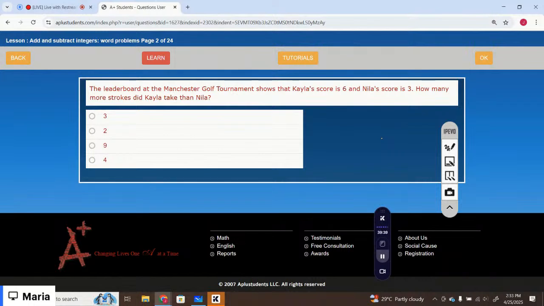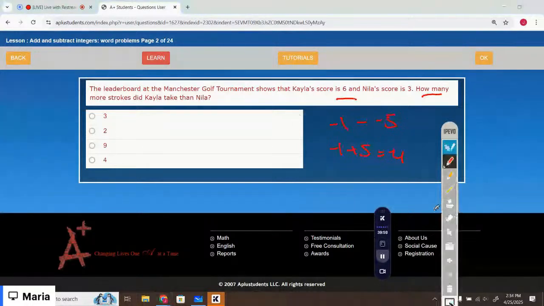The leaderboard at Manchester Golf Tournament shows that Kayla's score is 6 and Neela's score is 3. How many more strokes did Kayla take than Neela? You have to see how much more Kayla took than Neela, so you have to subtract.